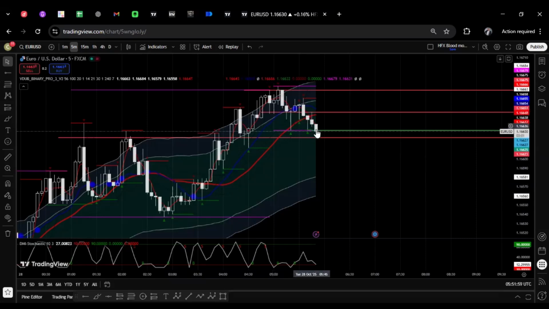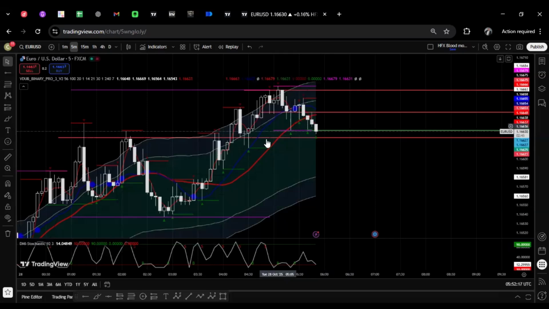Now, with this pullback happening here, you can see that the market has broken this red EMA. Your EMAs, your moving averages, serve as dynamic support and resistance.